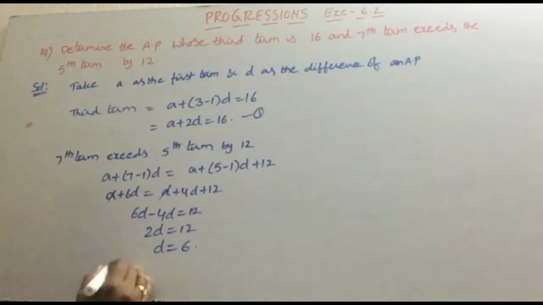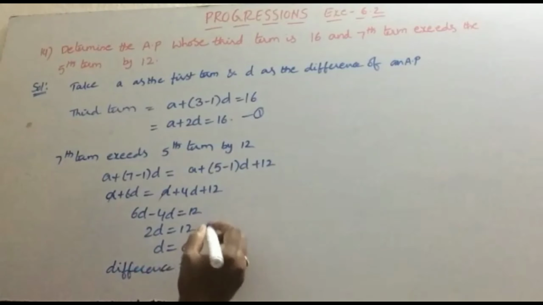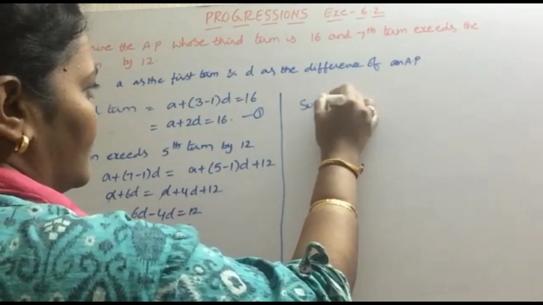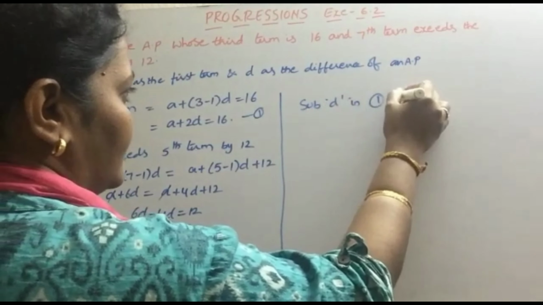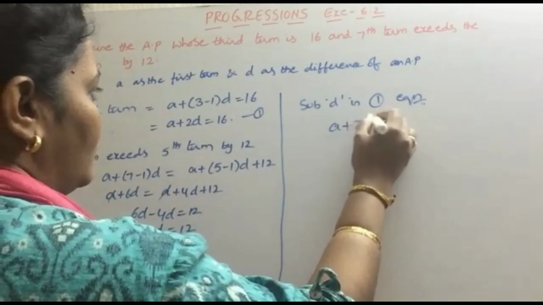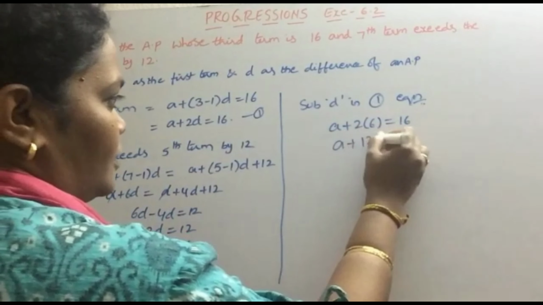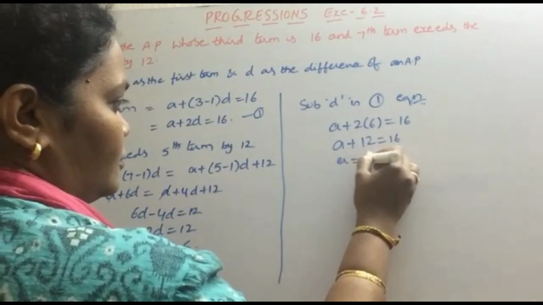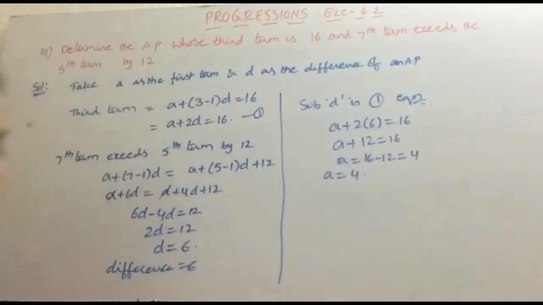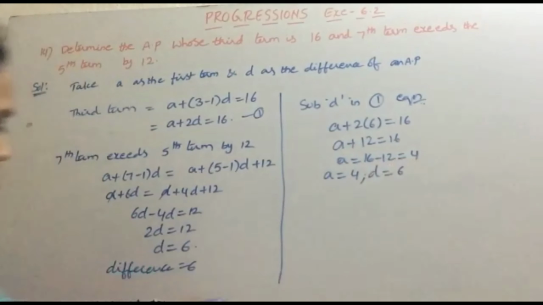So the difference is equal to 6. Substitute D in the first equation. Then we will get A plus 2 into 6 is equal to 16. So A plus 12 equals 16. A equals 16 minus 12, that is equal to 4. So A is equal to 4 and D is equal to 6.